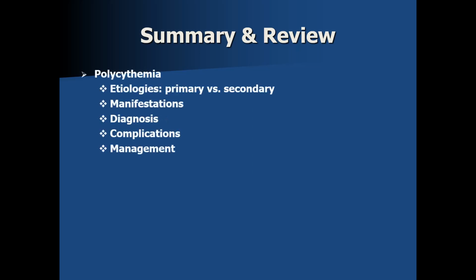We talked about polycythemia, that is excessive RBCs, and identified the etiologies distinguishing between primary versus secondary. We also described the manifestations, the diagnosis, the complications. Remember, the primary complication involves increased viscosity of the blood, leading to heart failure and thrombosis. And we also identified the management for both primary and secondary polycythemia.